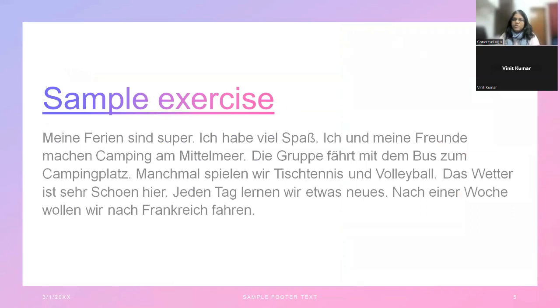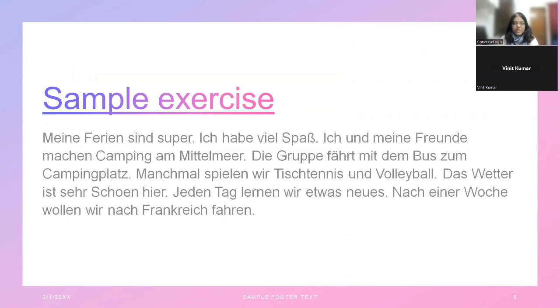Now, the next one is a sample exercise which normally comes in the exams. Here, the text is written in the present tense. You have to convert it into Präteritum. I hope everybody knows that at the second position in a sentence we have a verb. In each sentence, you identify the verb and convert it into Präteritum. So, "Meine Ferien sind super."